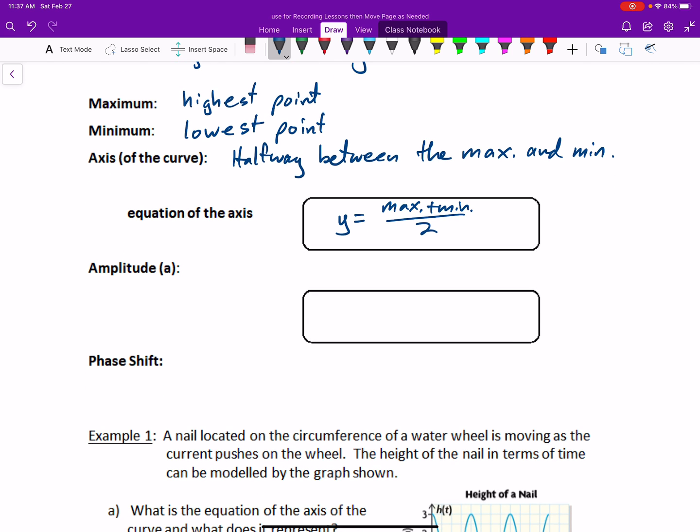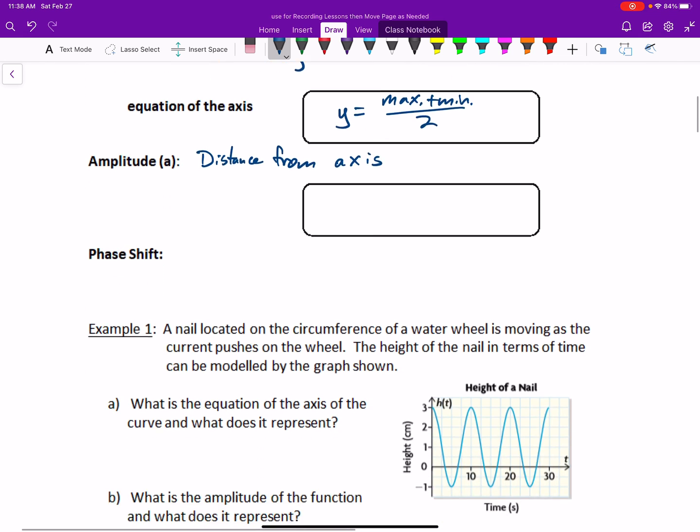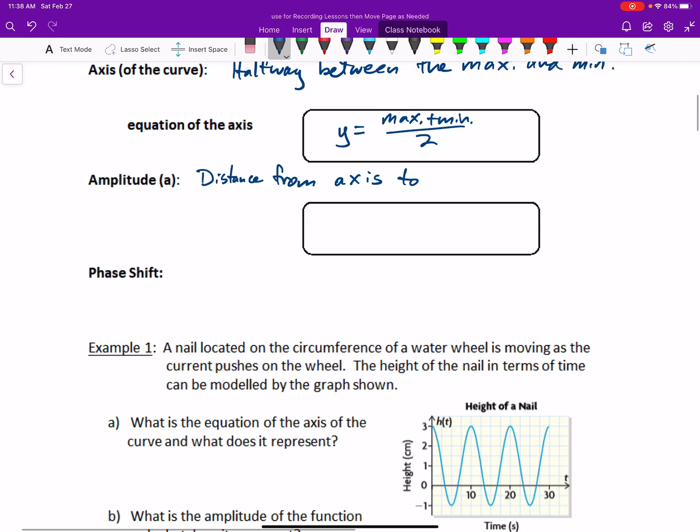The amplitude is the distance from the axis that we just figured out above, to the max or the min.